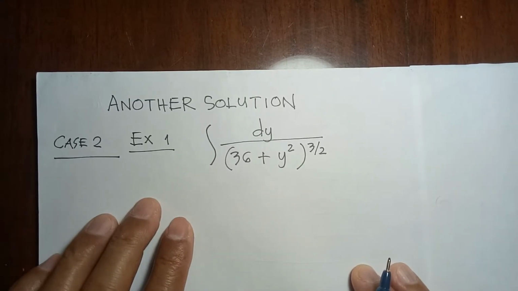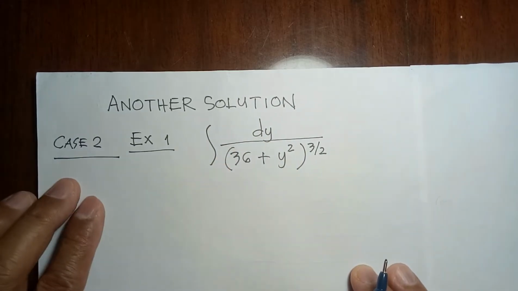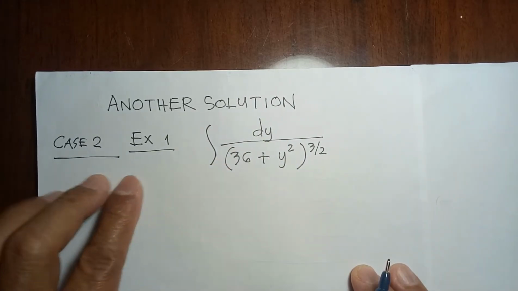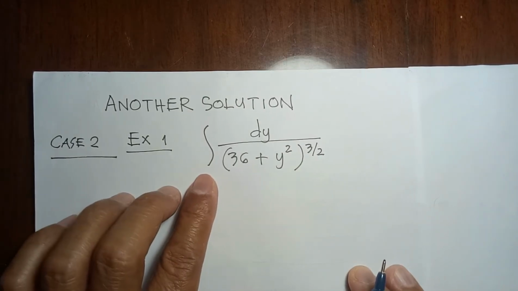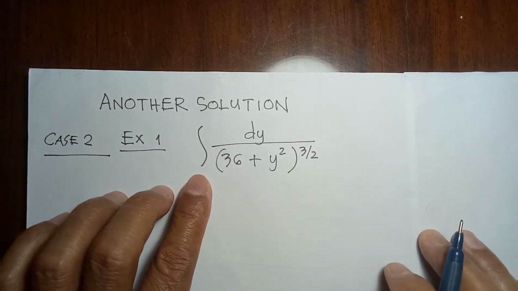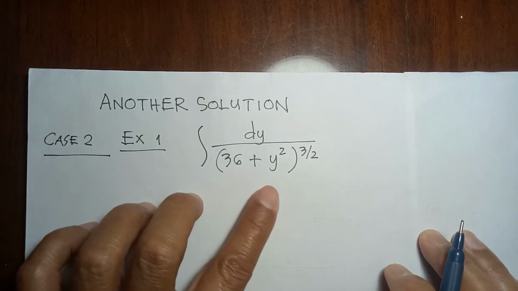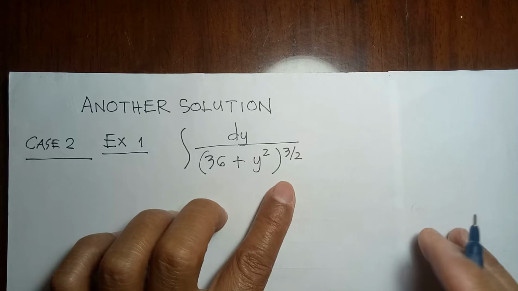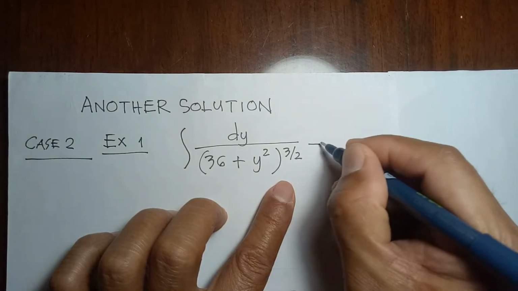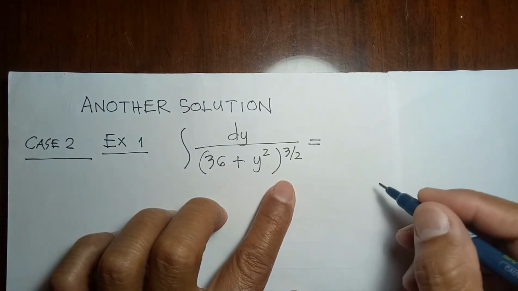Okay. So, let us have another solution sa ating example number 1 under case 2. So, ito yung ating given integral of dy divided by 36 plus y squared raised to 3 halves. So, alam na natin na ito ay case 2.